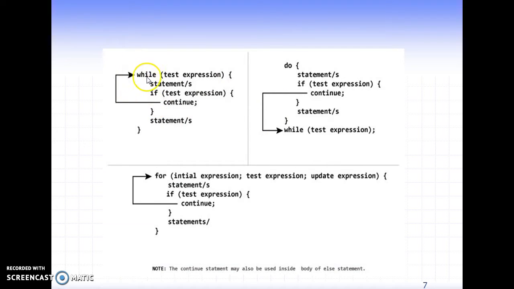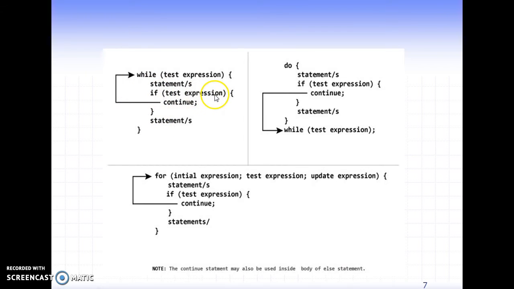In the while loop, on the test expression, the control enters into the loop and the set of statements is executed, and wherever you have an if statement that is true and you have a continue statement, the control goes back to the start of the loop. It doesn't go ahead.